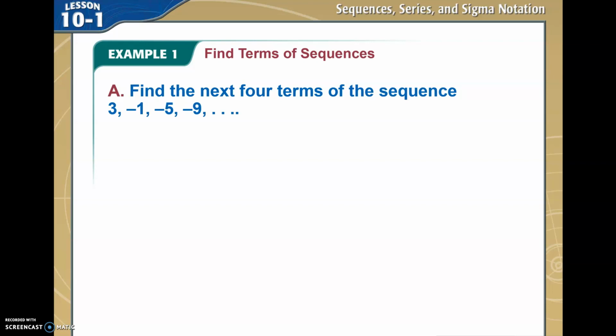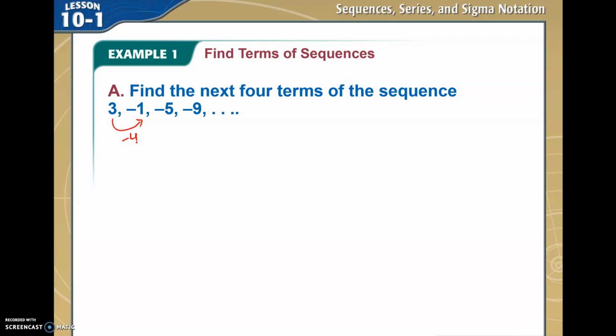Alright, if you notice, from 3 to -1, what is happening? You are subtracting. What are you subtracting? It's going to be 4. Clear?